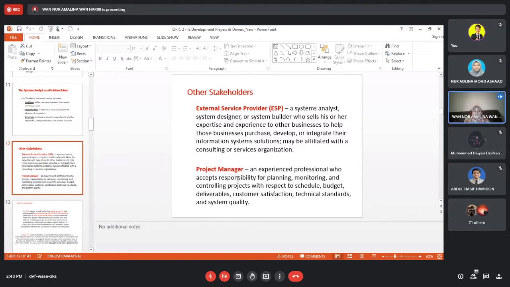We touch on project management because you are conducting a project. So you have to know what things are to be controlled. Before controlling, you have to plan, monitor, and control the project. You have to know about the schedule, budget, and deliverables so that your project will be delivered on time.